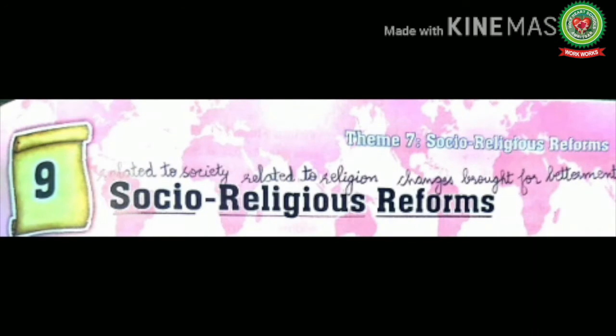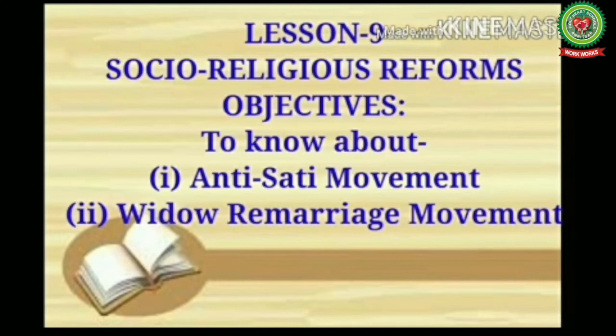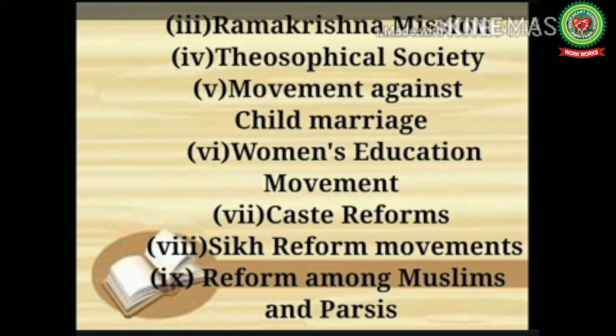Today we are going to continue Lesson 9 of History, Socio-Religious Reforms. Earlier we had discussed the anti-sati movement, widow remarriage movement, Ramakrishna Mission, Theosophical Society, movement against child marriage, women's education movement, and caste reforms.